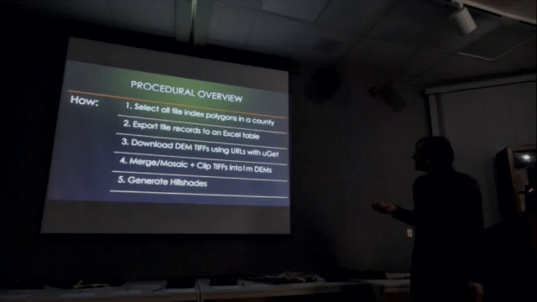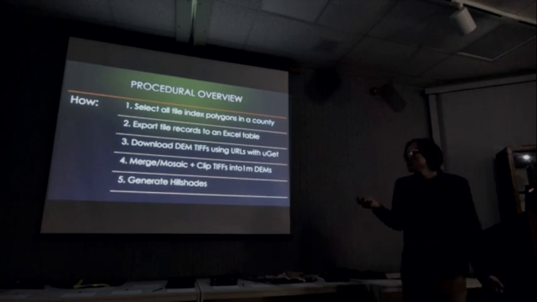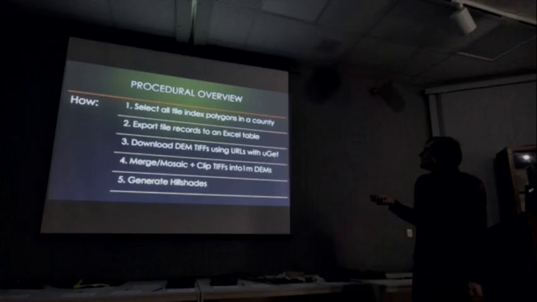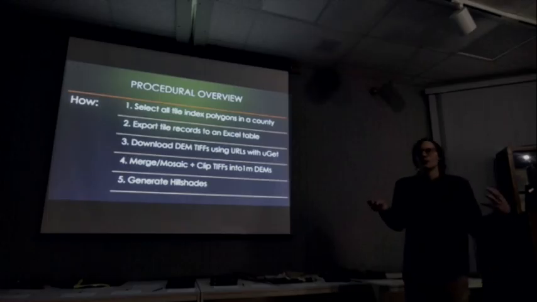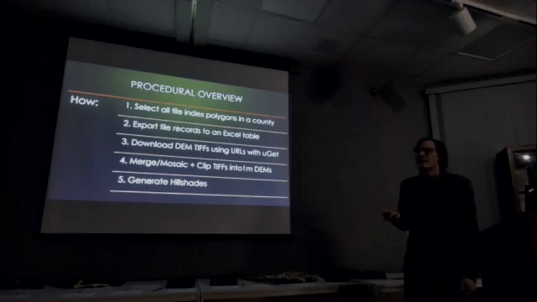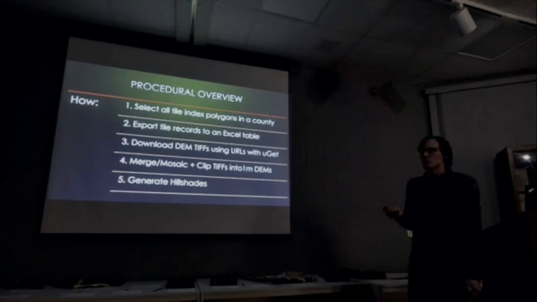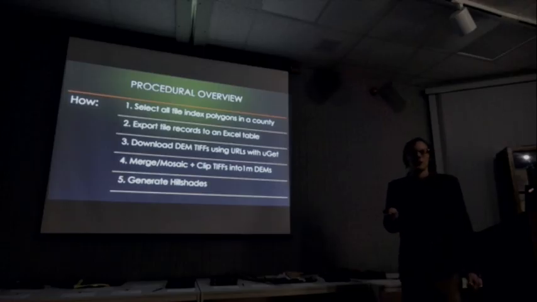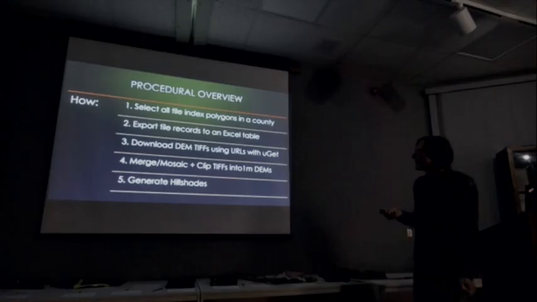And following that, I used this software called uGet that's accessible through the USGS's website to download the necessary TIFFs. So you can download them all together. One of the bigger counties was Perkins, and that had close to either 7,000 or 8,000 separate TIFF files, which occupied maybe either 100 or 200 gigabytes of space on my hard drive temporarily.